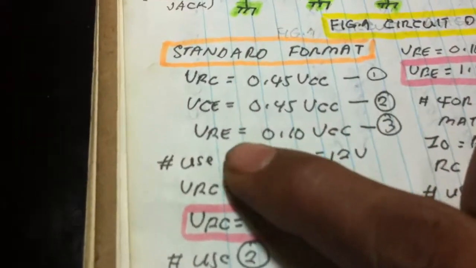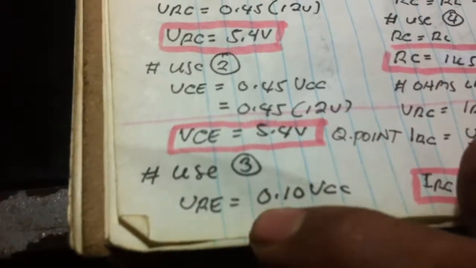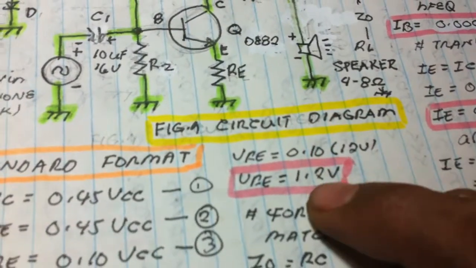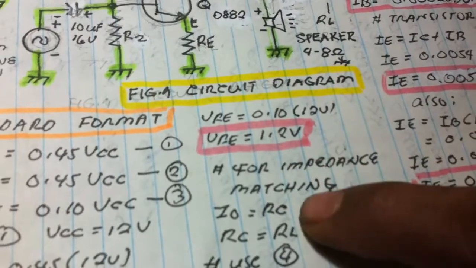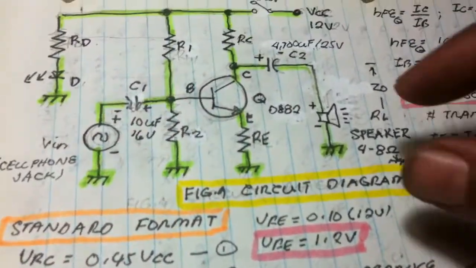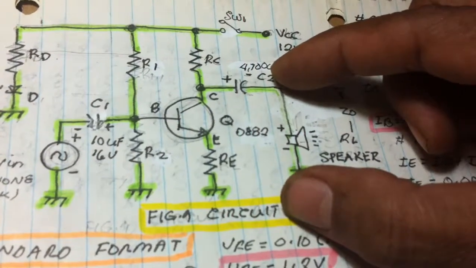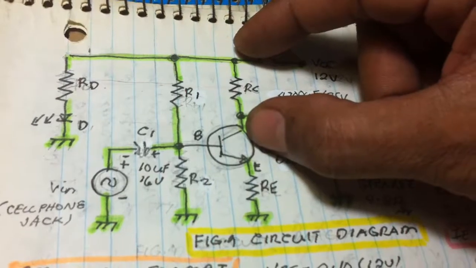And now using equation 3.10, we get, by substitution, 1.2 volts.